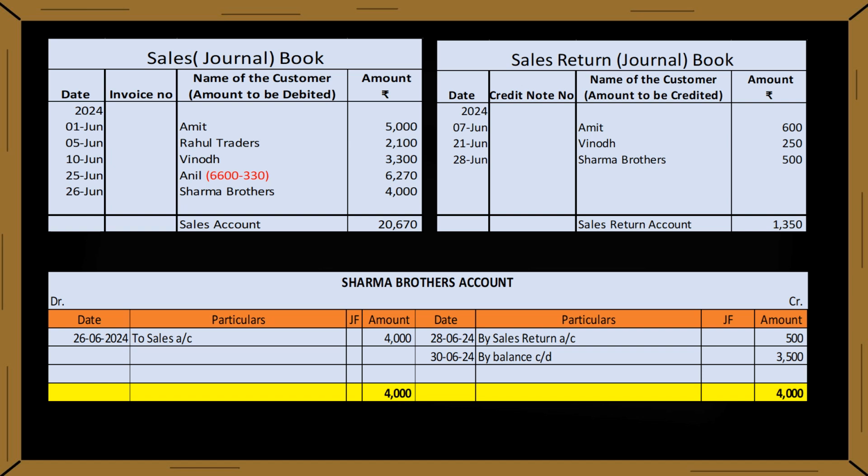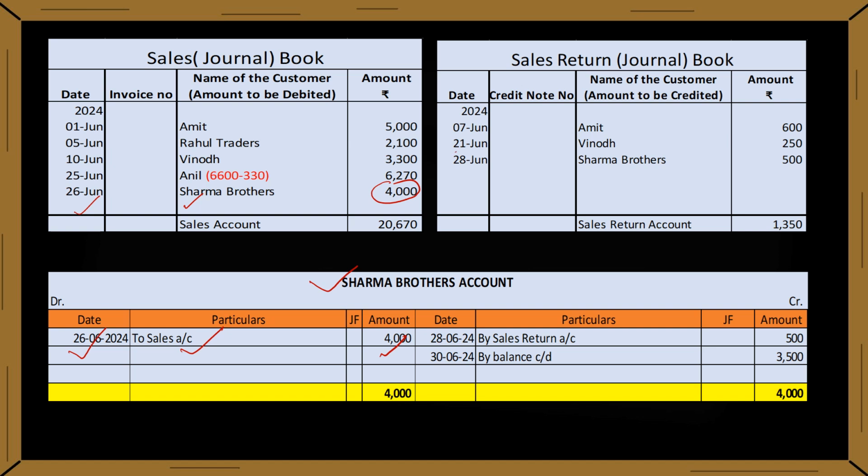The last account to be opened in the sales journal book is Sharma Brothers, 26th June, sale of rupees 4,000. In the journal entry, we are crediting sales account. So in the Sharma Brothers ledger account, we will be debiting sales account. Date is 26/6/2024 to sales account 4,000 rupees.